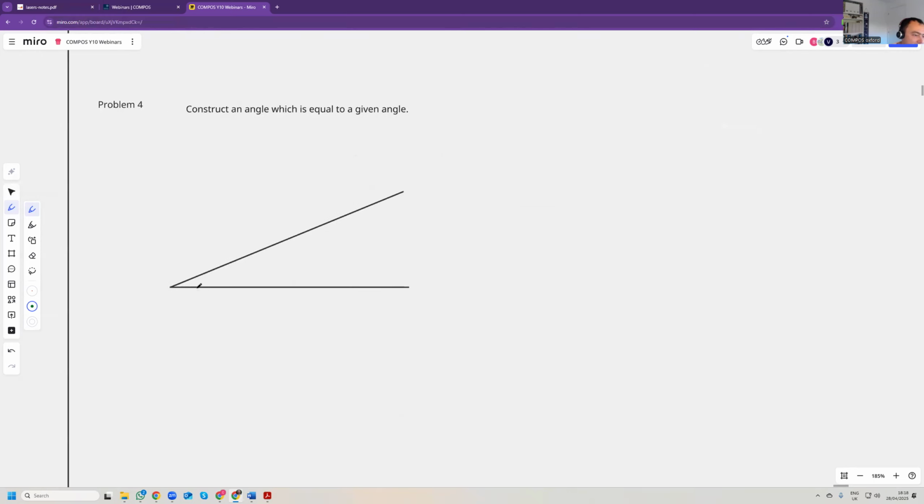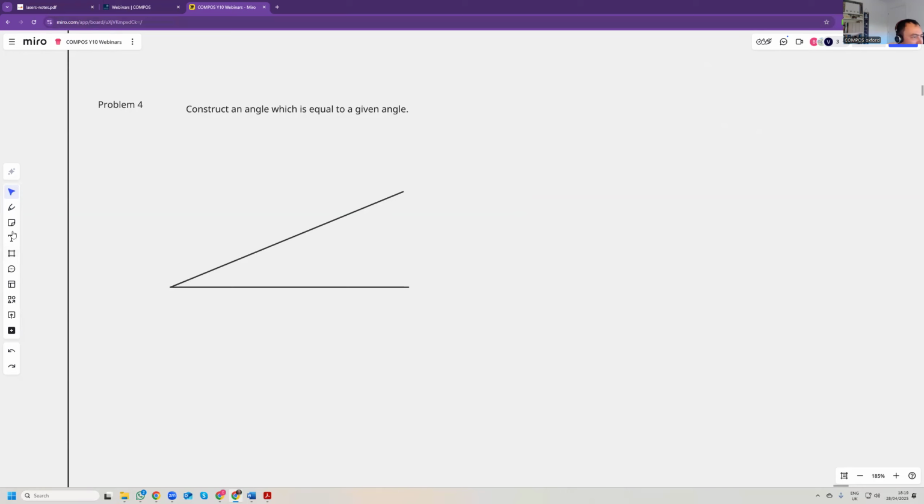Right. So we have an angle. We need to draw another one. We need to make a copy. How do we do that? An angle equal to a given angle.